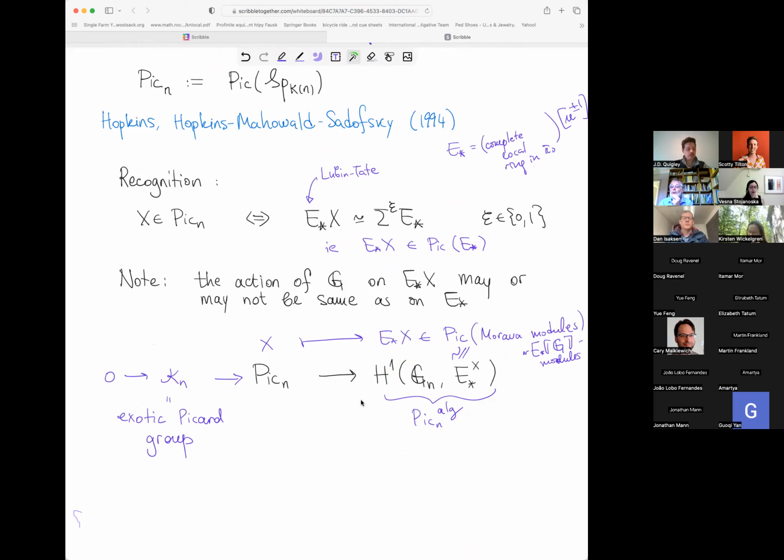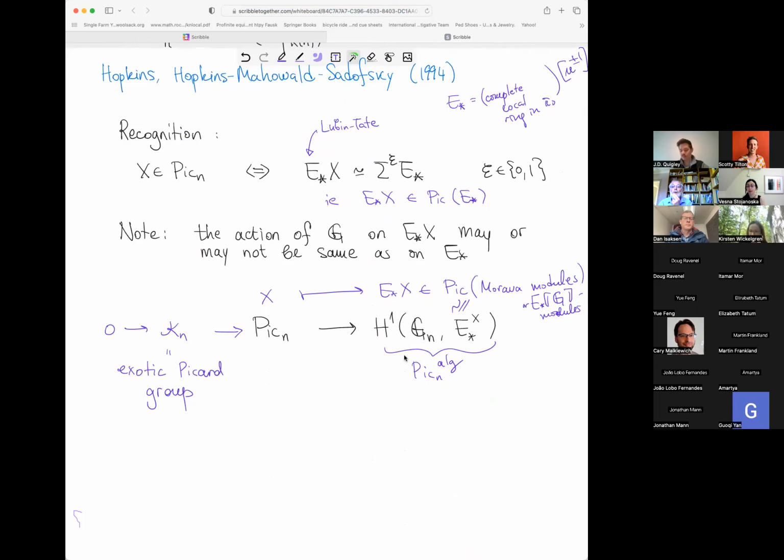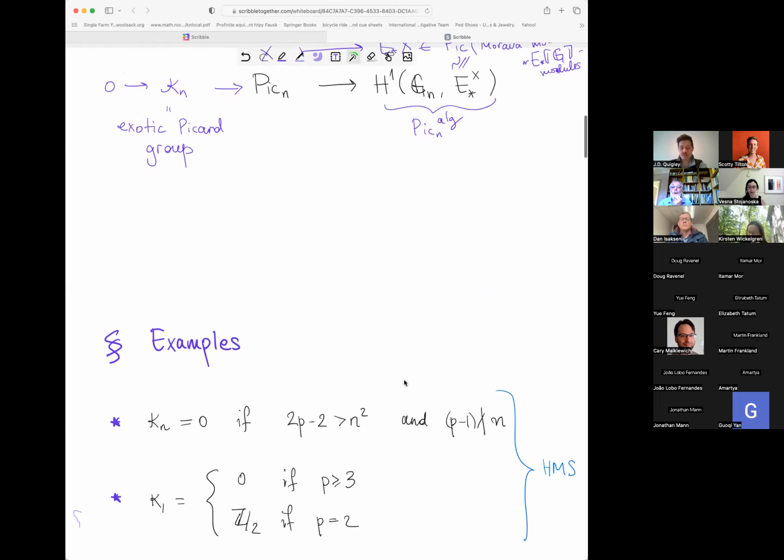So this group at n equals 1 is nice and very explicit, and we know everything about it. It's cohomological dimension 1 and so on, or at least virtually so. When n is larger, then we have basically no idea.